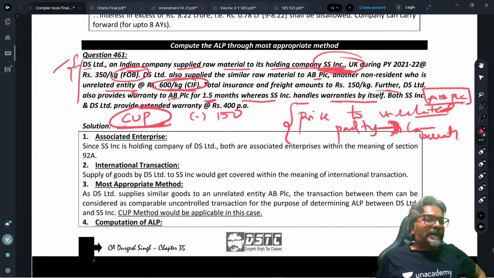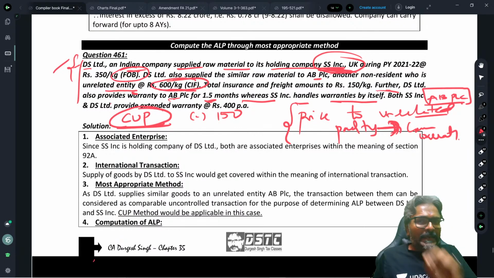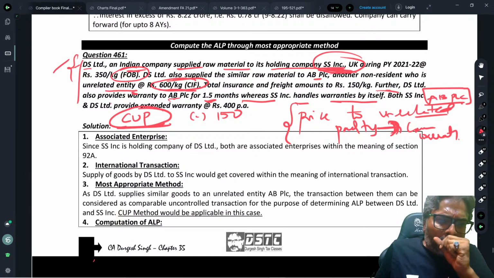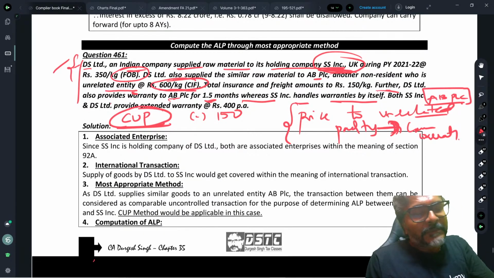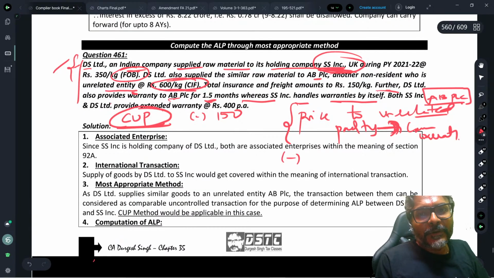I need to remove the warranty then, because as I told you, you need to align to the factors which are there in the international transaction. So if the international transaction is at X warranty, then even this price should be brought to the X warranty level. So what I'm going to do, students, minus the warranty factor.